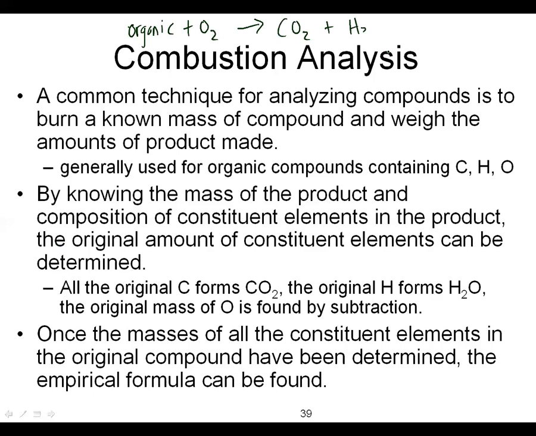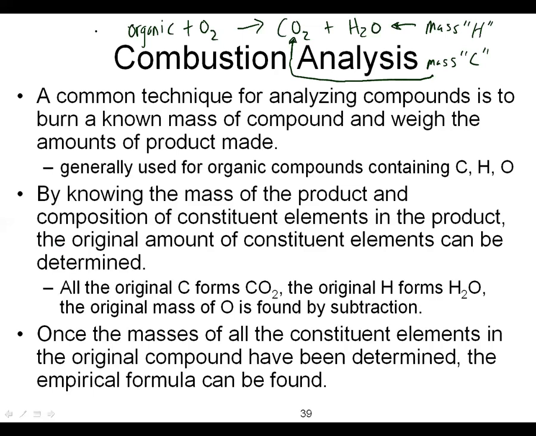And in this type of analysis, we end up collecting CO2 and collecting water. By collecting the water, we're able to determine the mass of hydrogen, and from the CO2, we're able to determine the mass of carbon.